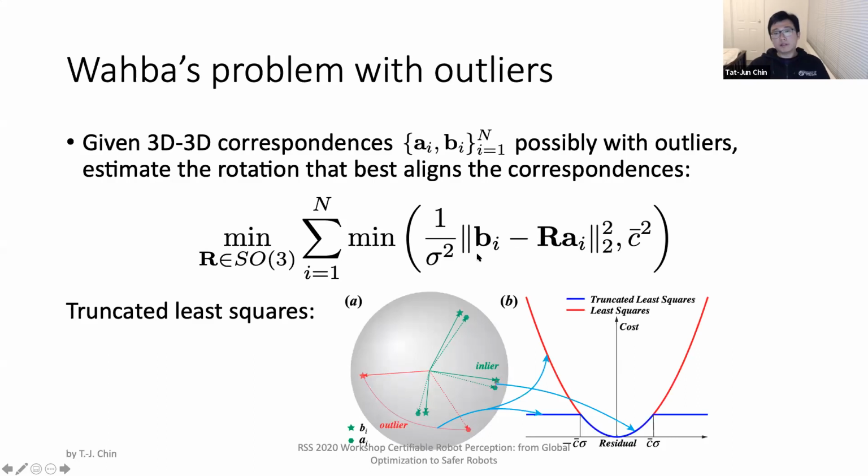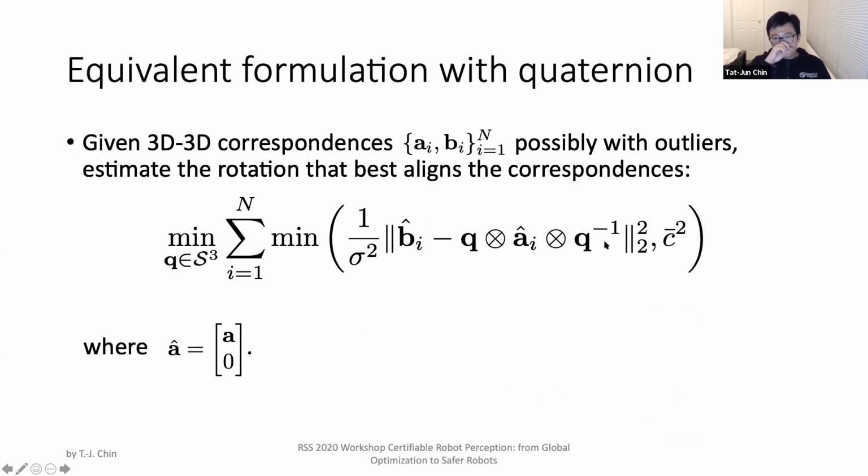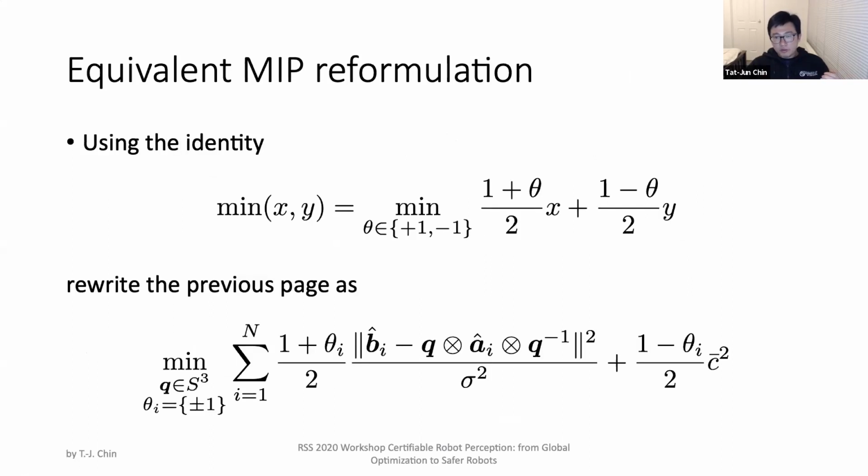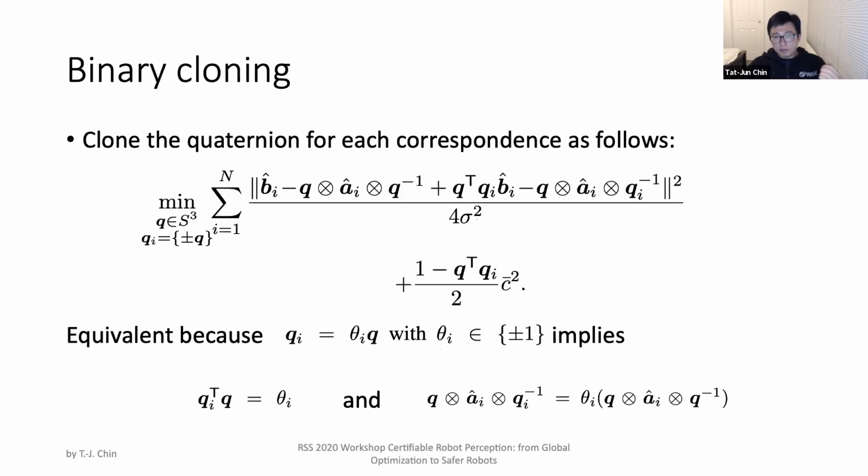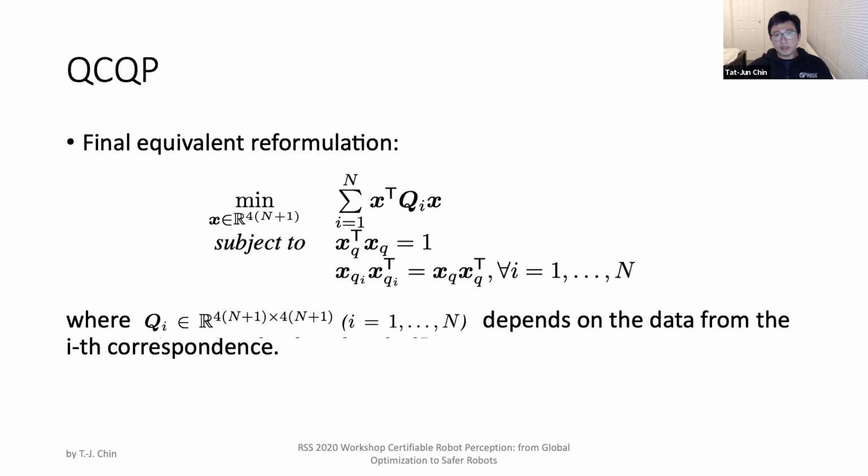If you have outliers, you need to consider a robust norm. In this case, we can consider the truncated least squares norm, and we're trying to find the minimum between the error itself and some threshold C, which is squared. I'm not going to go through the detail, but as before, we're trying to get it to a QCQP formulation, which is then relaxed.